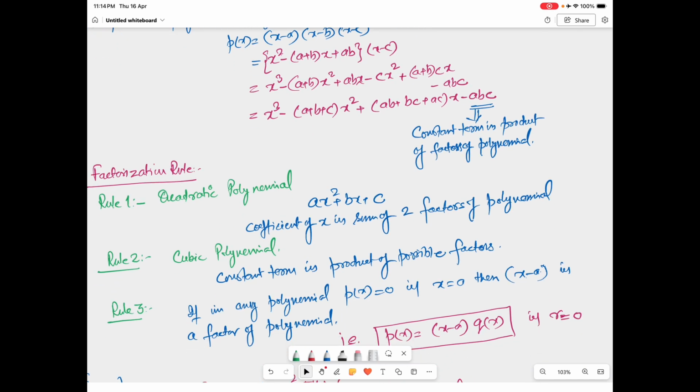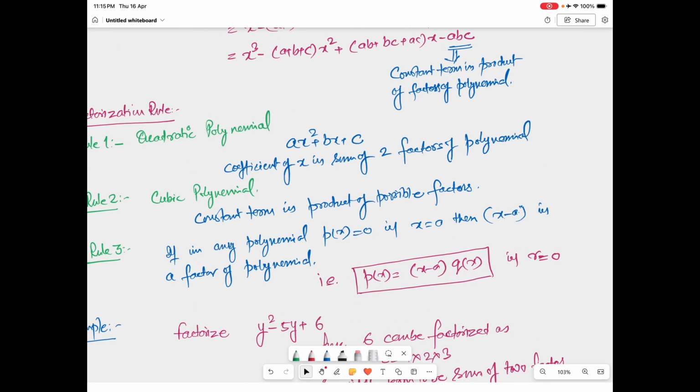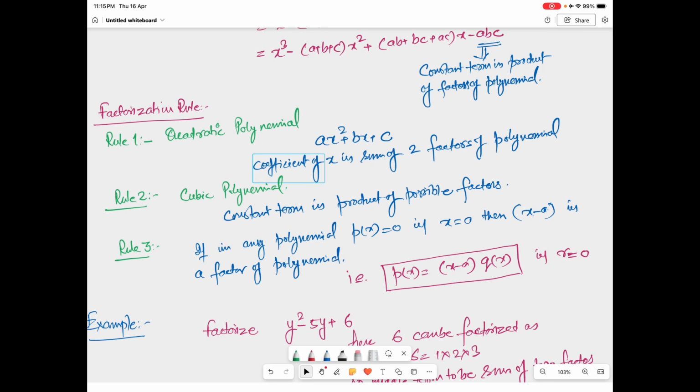So I am summarizing the factorization rules. One, for a quadratic polynomial ax square plus bx plus c, the coefficient of x is the sum of the two factors of the polynomial, which we have to remember. And for a cubic polynomial, if I put p(x) equal to 0 and I get x equal to a, then x minus a is one of the factors of the polynomial, that we have seen in the remainder theorem.